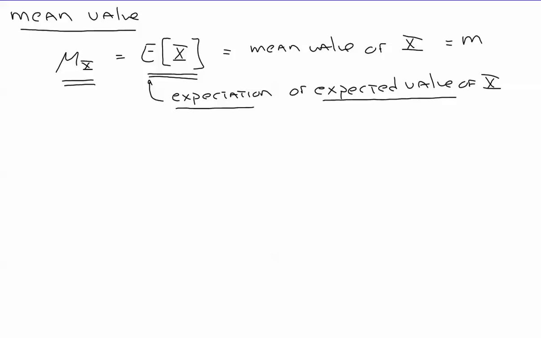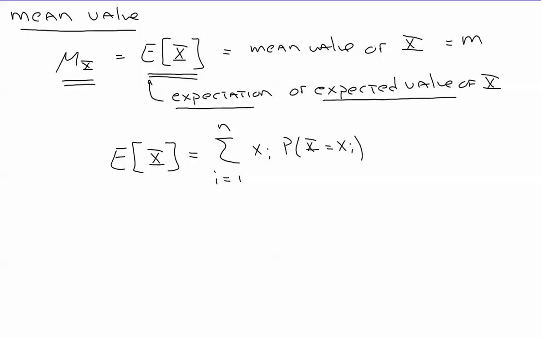All right, so how do we calculate the expected value? Let's begin this way. For a discrete random variable, the expected value is calculated as a weighted sum. This is what's called a weighted sum average.